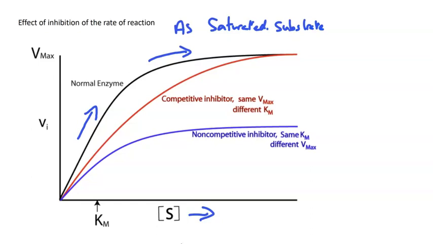The rate remains constant at that point, and we have our Vmax. The introduction of a competitive inhibitor, such as what we've just seen, results in the same Vmax, but it's achieved in a more controlled manner.